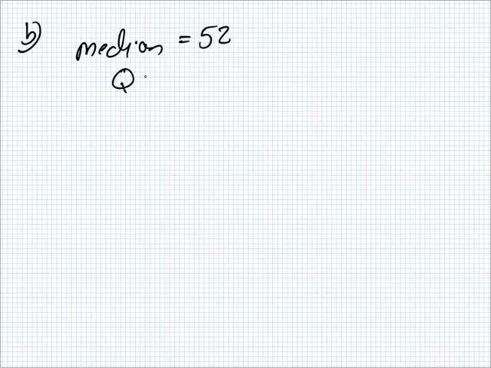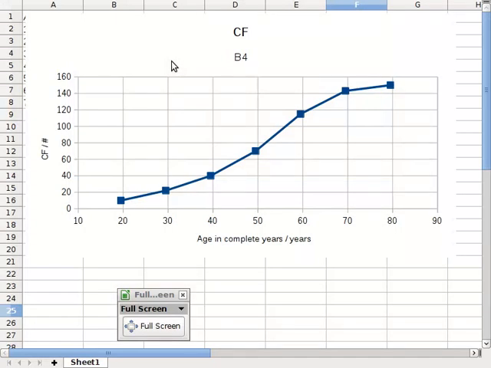Okay. So I think the median is 52. The lower quartile, let me see, 38, 39 maybe.